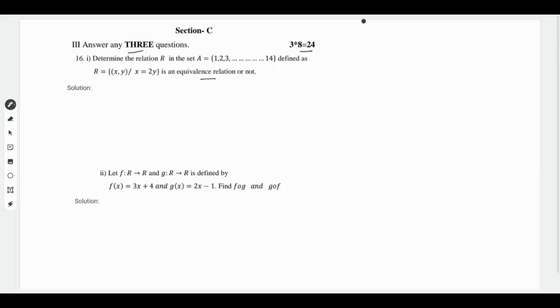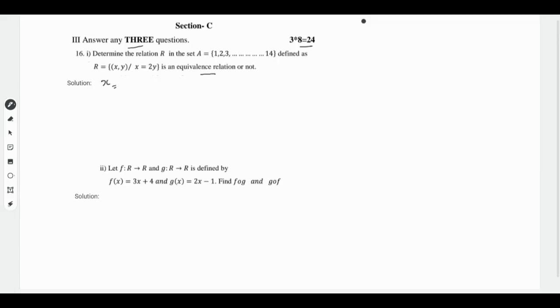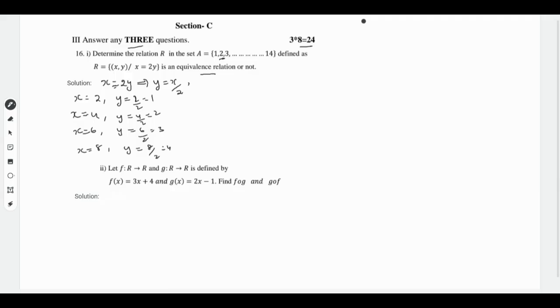Okay. So now they've given R, that is the equation x = 2y, which implies y = x by 2. Now substituting the values of x, I'll take the multiples of 2. If x is 2, y will be 1. If x is 4, y will be 4 by 2, it will be 2. If x is 6, y will be 3. If x is 8, y will be 4.